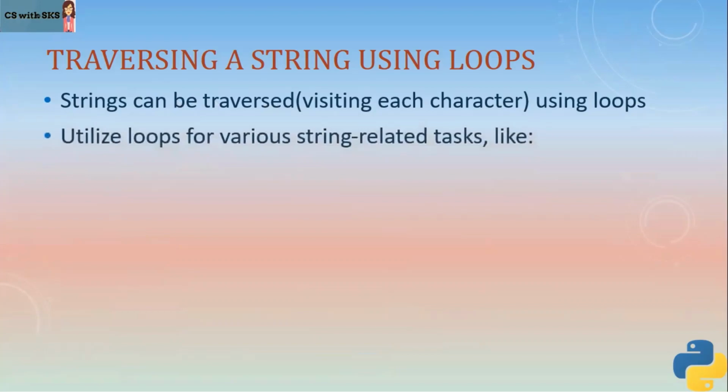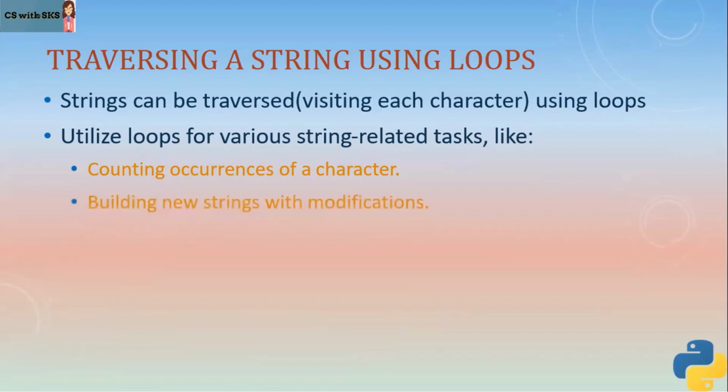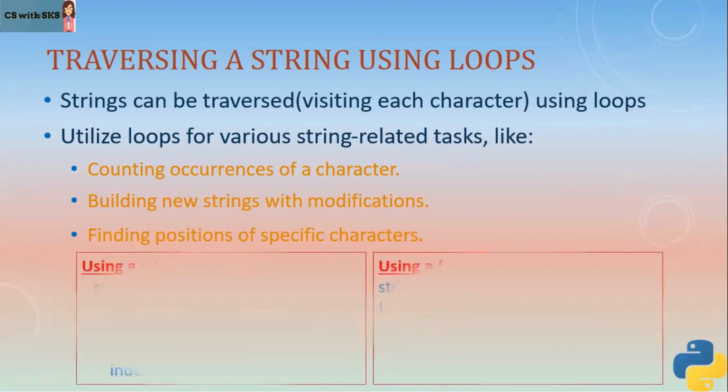So loops can be used on strings to do different tasks, like counting occurrences of a character, that is, how many times that character is present in the string, or building new strings with modifications, or you can find positions of some specific characters in the string, right?